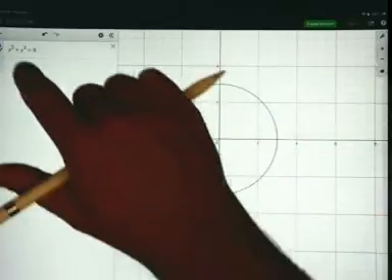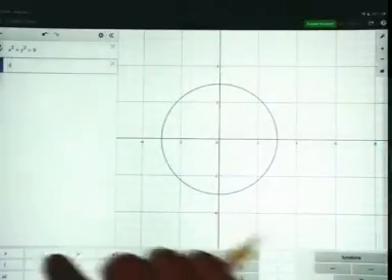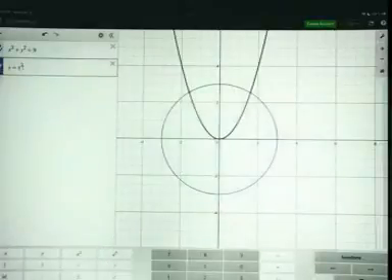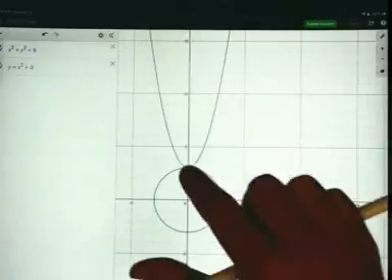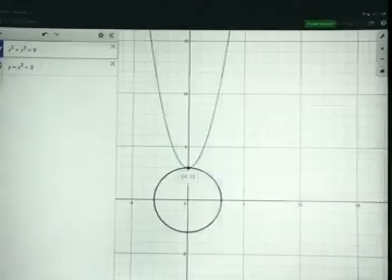So there's our circle. And then our parabola, y is equal to x squared plus 3. There, can you see it? There's only one solution at 0, 3. There's only one real solution to this problem.